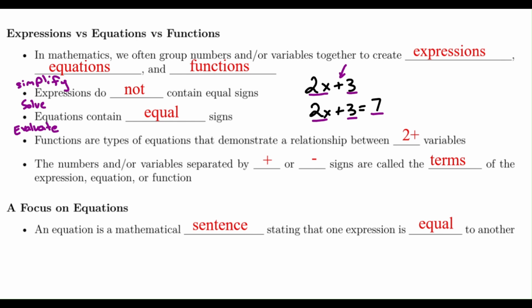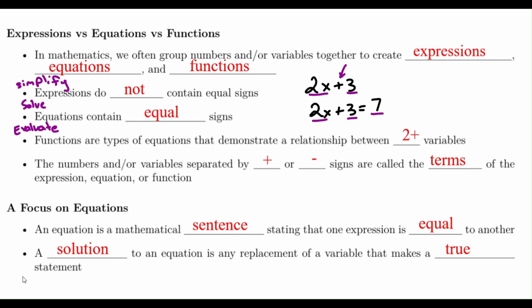We're going to be spending most of the rest of this lesson on solving equations. Now, an equation is a mathematical sentence that states one expression is equal to another. You can see up here in our very basic example, we have the expression on the left, 2x plus 3, and we have the expression on the right, 7. Okay, so they just have an equal sign in between.